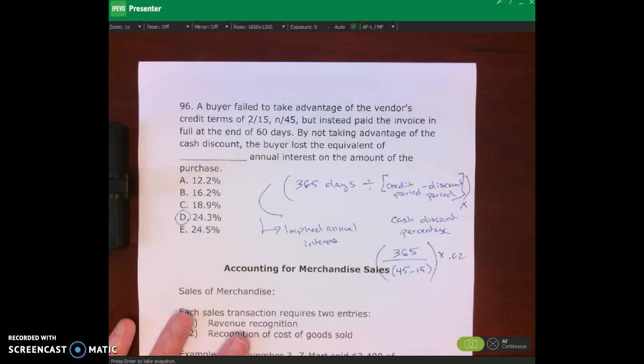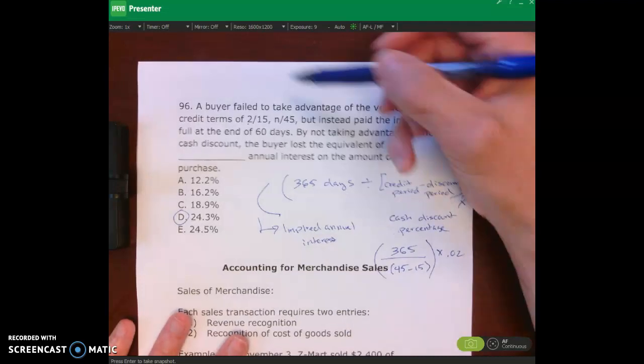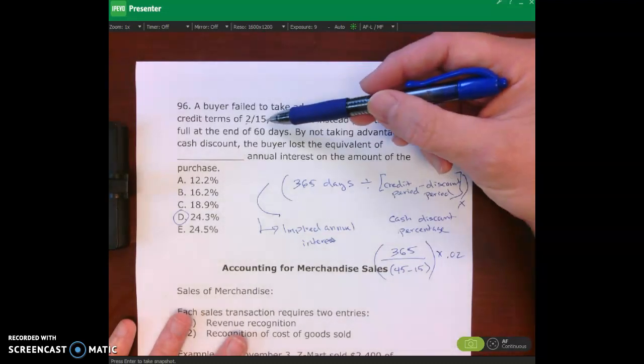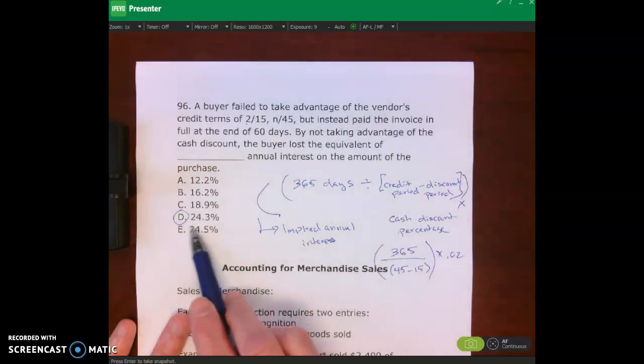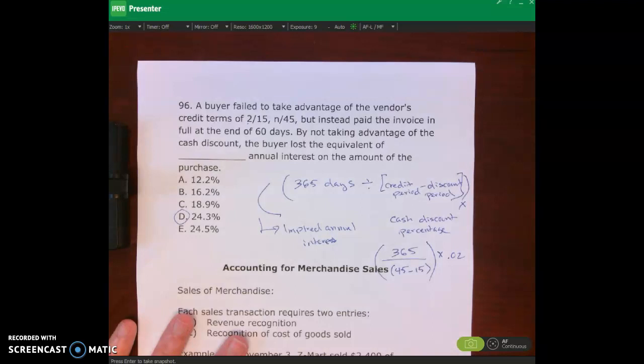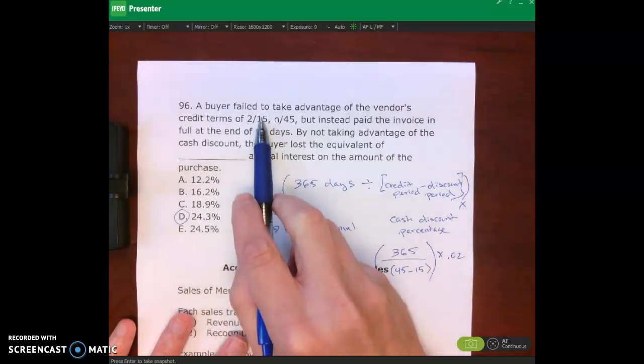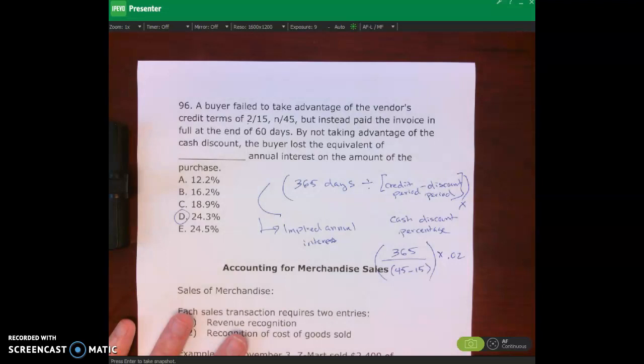So what this is telling you is that if you buy merchandise inventory, if you are the buyer in this situation and you waited for 20 days to pay your accounts payable, you're foregoing the equivalent of 24.3% annual interest. That's a lot. That's like a credit card. So what this is telling you is that as the buyer of merchandise inventory, as much as you can, take advantage of these purchase discounts.